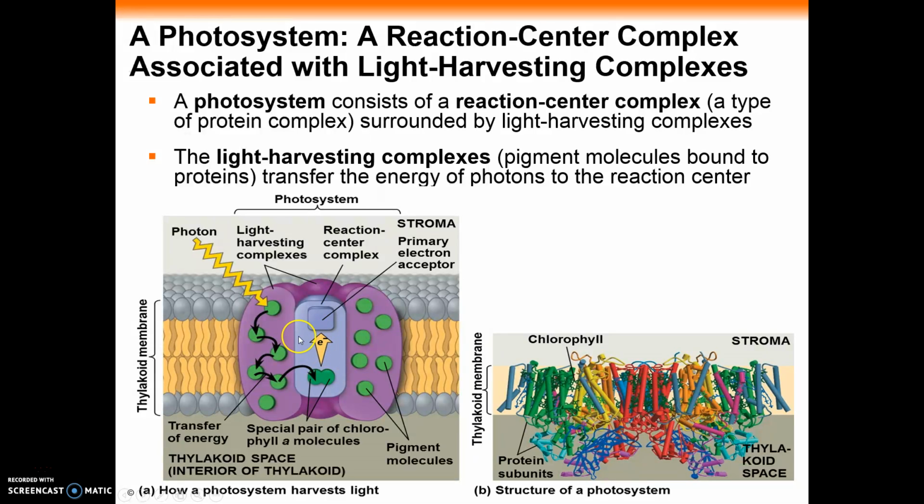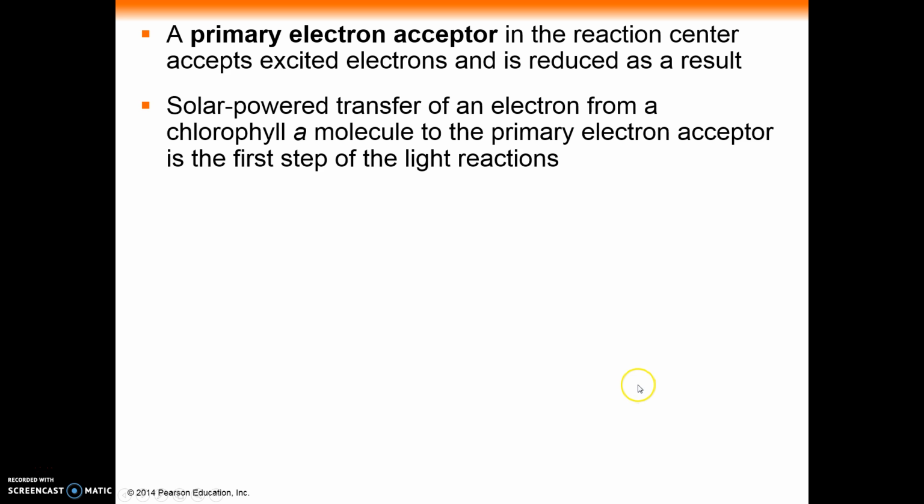That will then elevate an electron, which can then be passed off onto a reaction center. This is more physically what it looks like in the membrane. This is more cartoonish. All right, you can see these are kind of acting as light antennas of sorts.